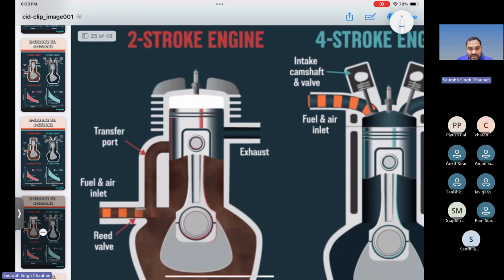So there are only two strokes: one from TDC to BDC, from top dead center to bottom dead center, and another from bottom dead center to top dead center. Within these two strokes the whole process is completed: the inlet process, the exhaust process, the combustion process, the power stroke, all the steps.